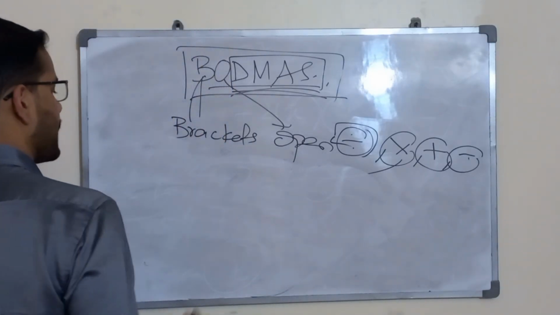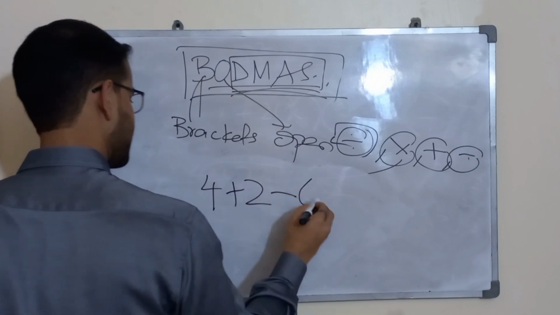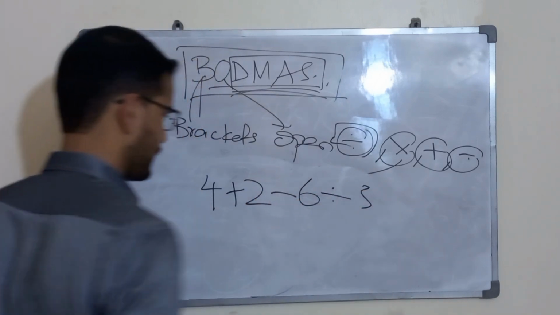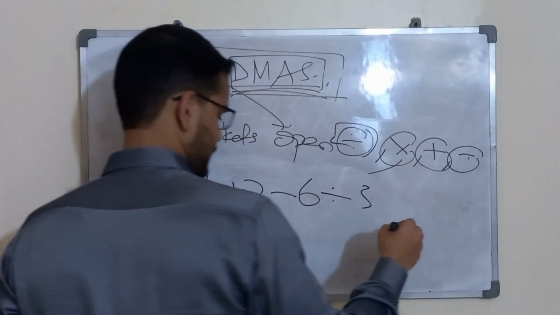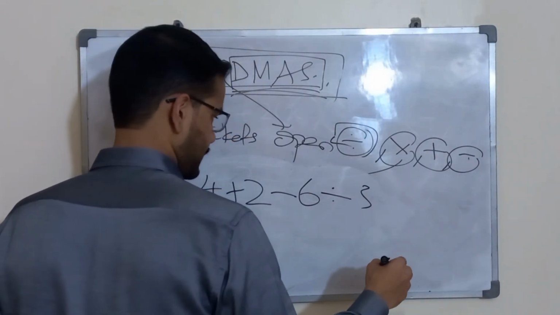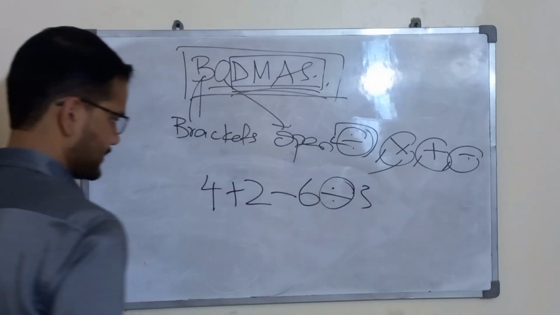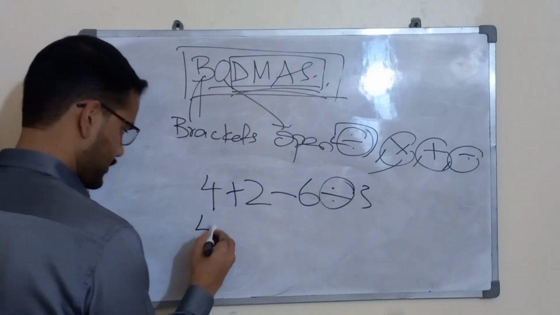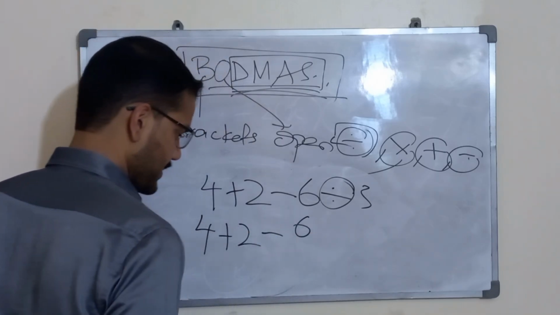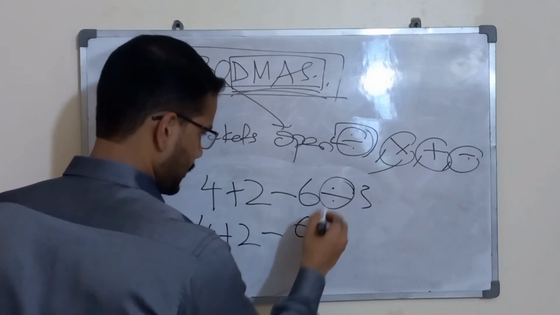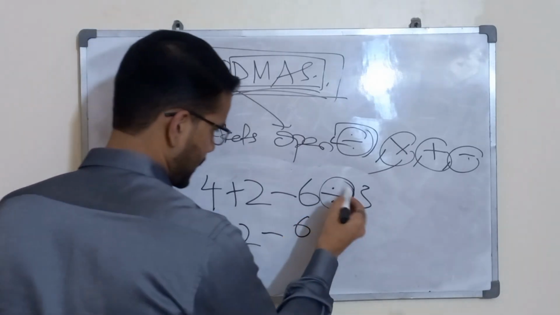Similarly, let's take another example. Here we have 4 plus 2 minus 6 divided by 3. First of all, what step would we be performing? Division. What we would be doing here is converting this division sign into multiplication.